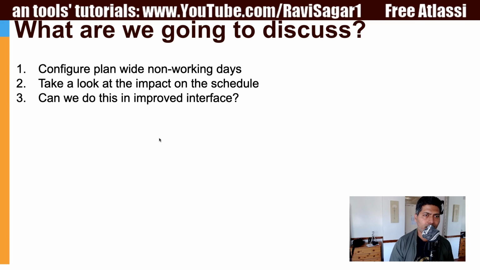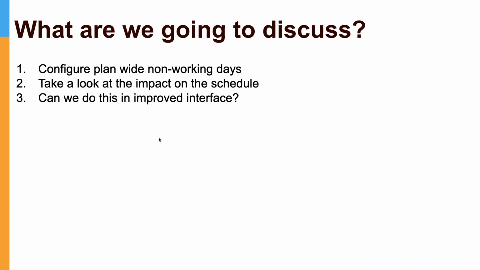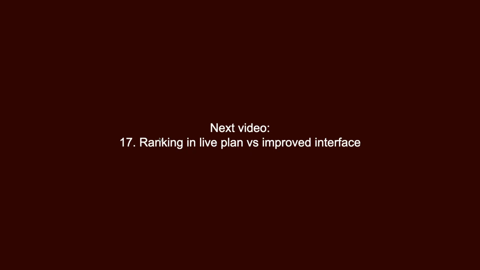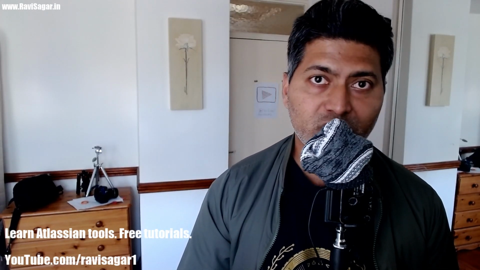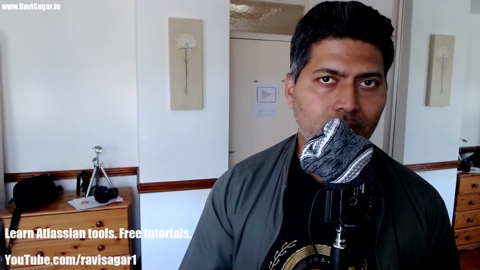So in the next video, we will take a look at the option to rank your issues when you are working with the live plan and also the improved interface. And I wanted to create a separate video on this topic because the way ranking works in Jira is something that we all know how it works.